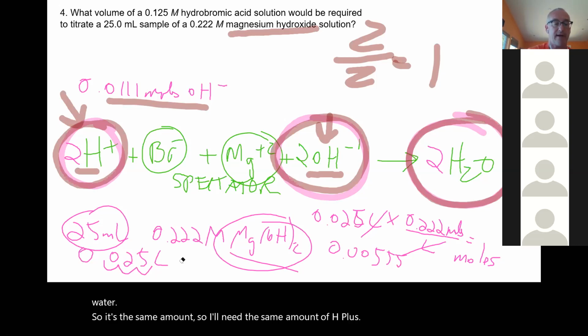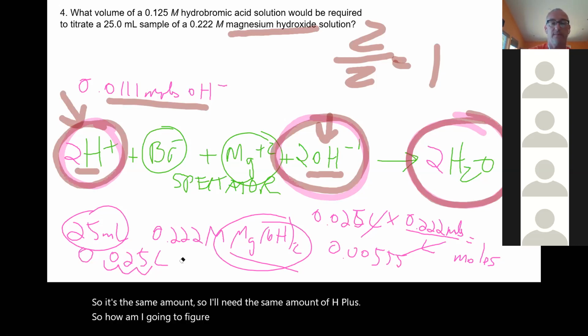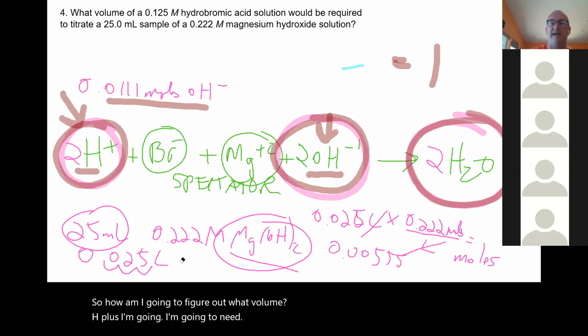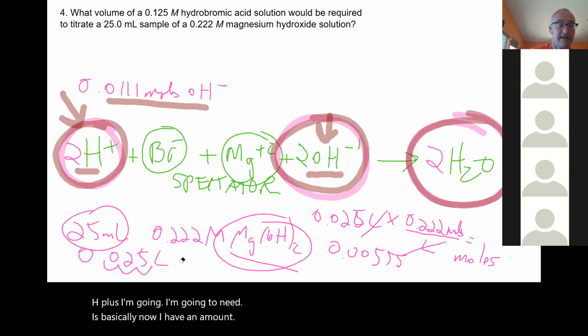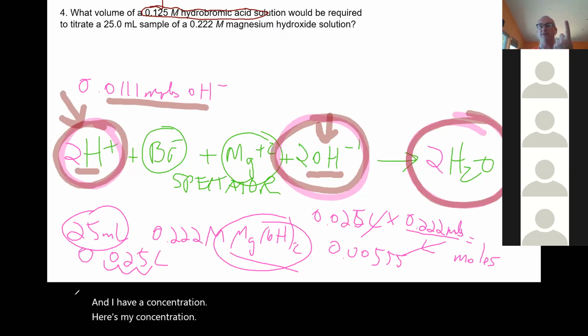So how am I going to figure out what volume of H plus I'm going to need? Because basically now I have an amount and I have a concentration. Here's my concentration. So I have an amount, a concentration, and I need a volume.